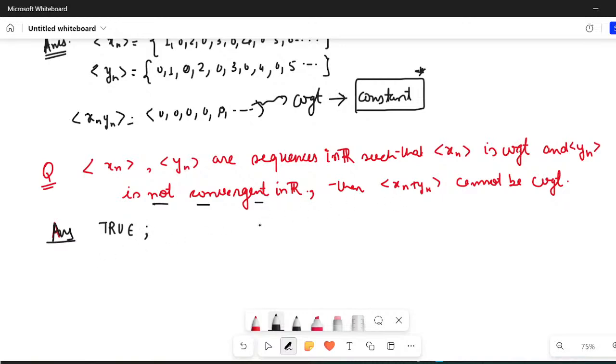Let me write the contrary. Let us assume the contrary. The contrary is, let us assume that xn plus yn is convergent.